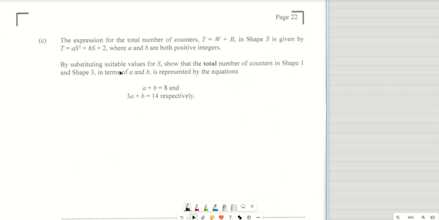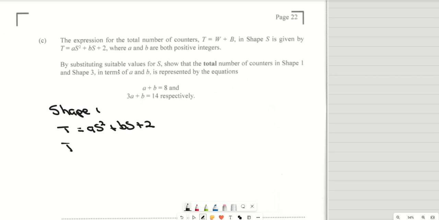So if S is your shape number, then we know that for shape 1, T is equal to A to the power of S squared plus BS plus 2.